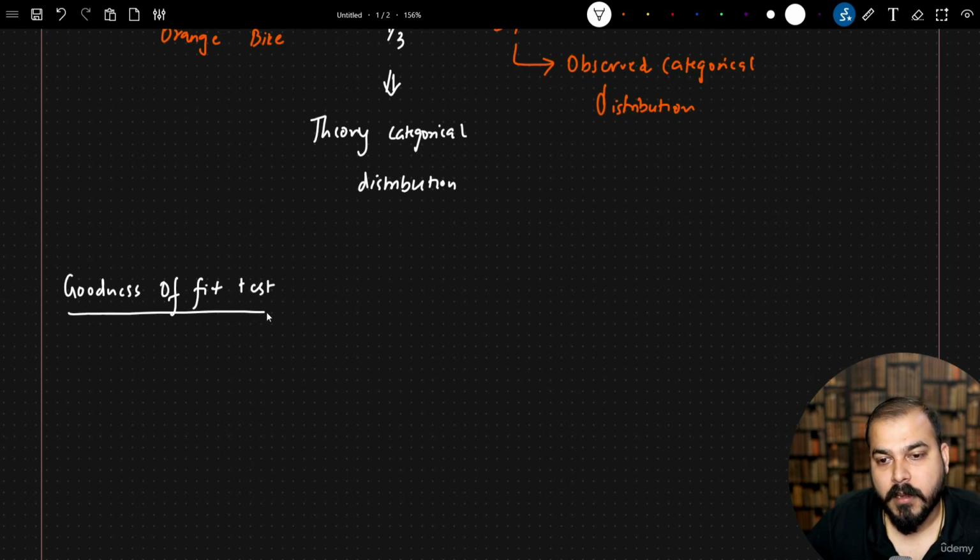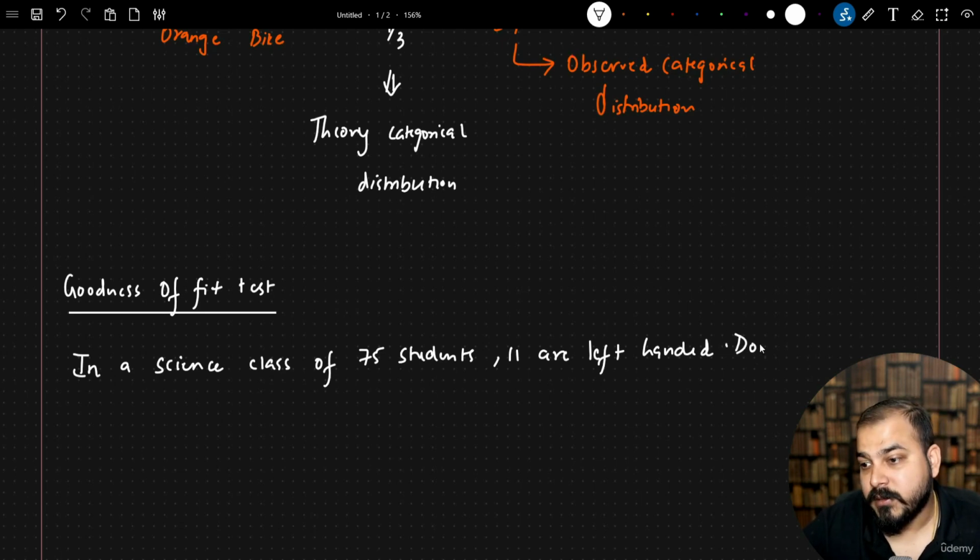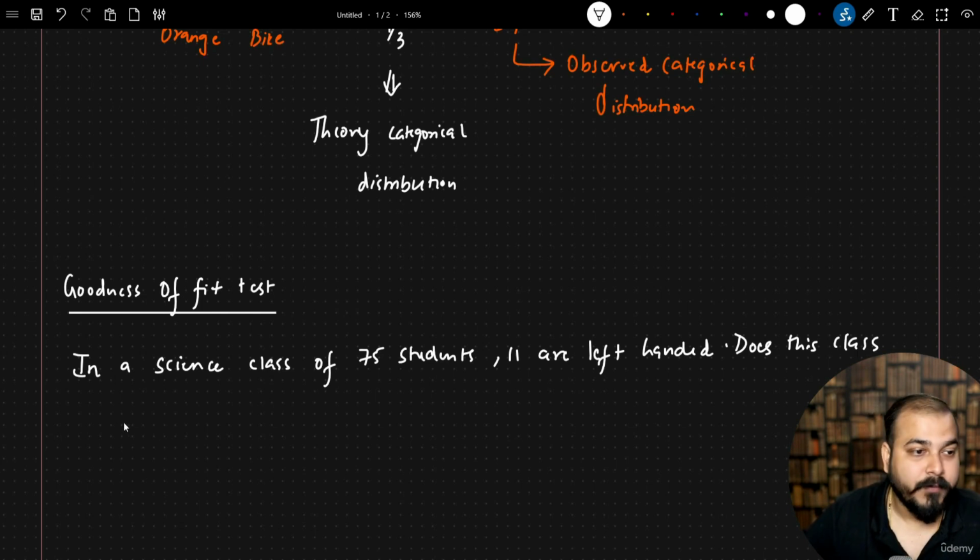So let's talk about the goodness of fit test. I have a problem statement. Let's say in a science class of 75 students, 11 are left-handed. Does this class fit the theory?